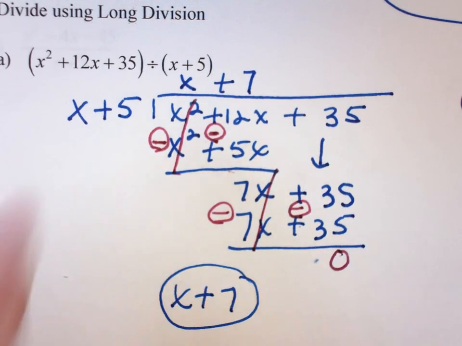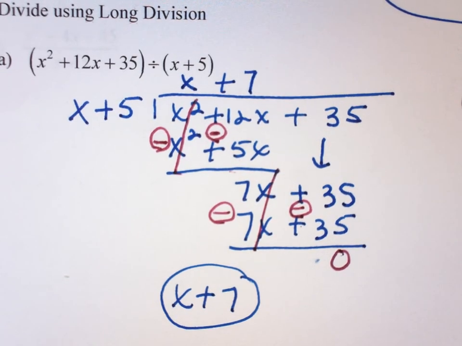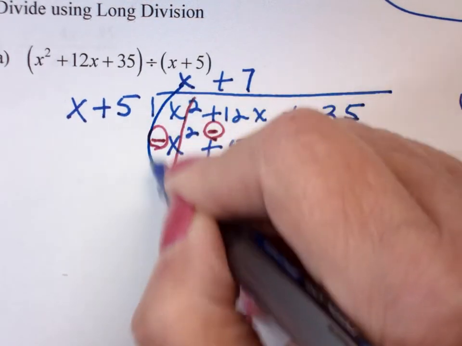Because remember, the goal is, long division is continuous subtraction, right? So the goal is, the squareds need to go away.